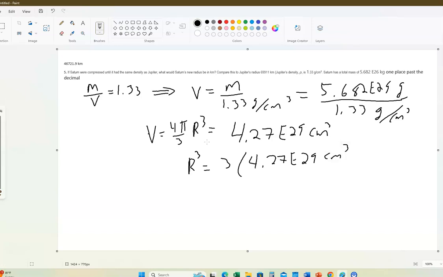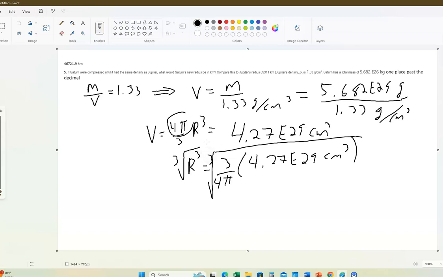Then we've got the 4 pi in the numerator, so there's got to be a 4 pi in the denominator. To solve for r, you take the cube root of both sides. So r is going to be the cube root of this thing.